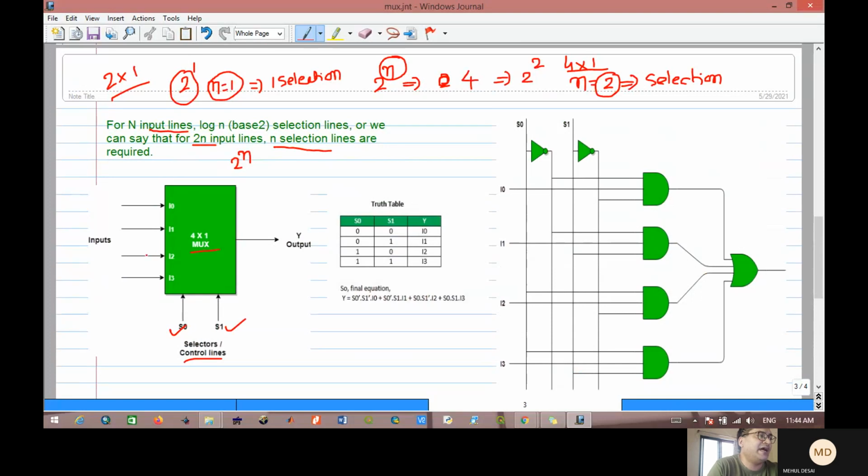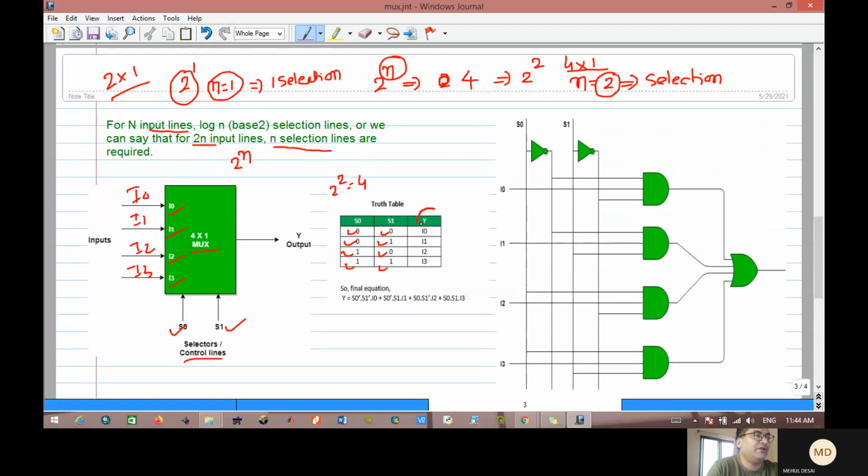Based on the selection lines, our input is selected. This is I0, I1, I2, and I3. With 2 selection lines, 2 raised to 2 means 4 possibilities: 0 0, 0 1, 1 0, and 1 1. When both selection lines are 0 0, I0 is selected; 0 1, I1 is selected; 1 0, I2 is selected; and 1 1, I3 is selected.